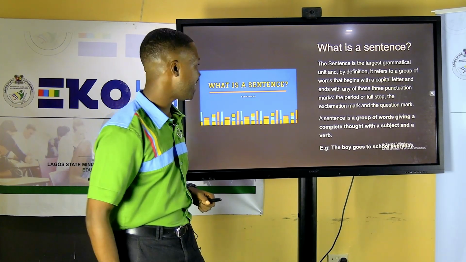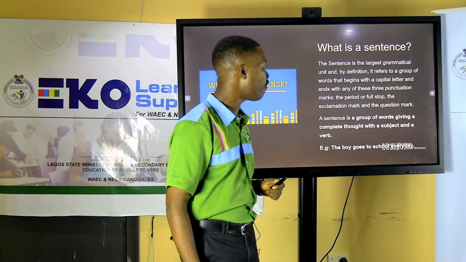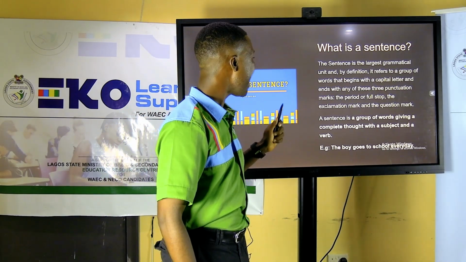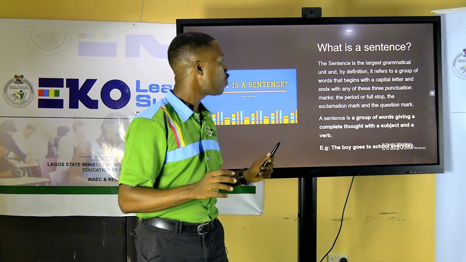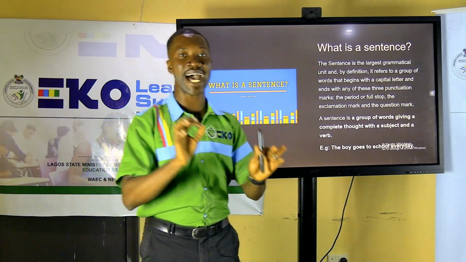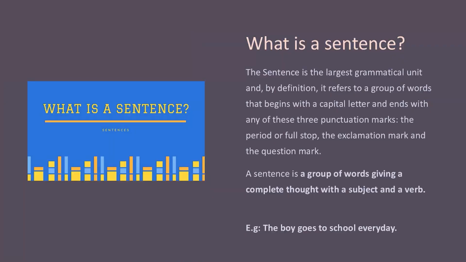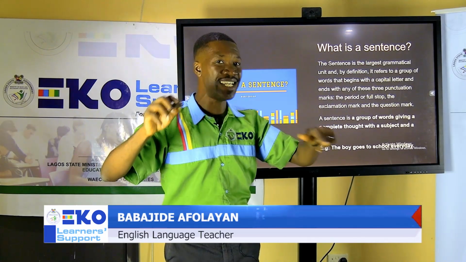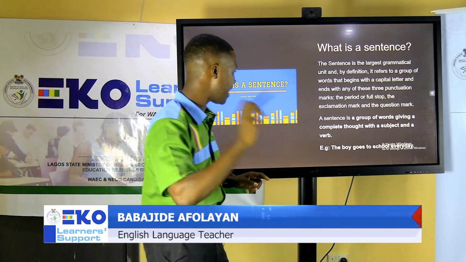We can also say that a sentence is a group of words giving a complete thought with a subject and a verb, meaning that every sentence must have a subject, it must also have a verb, and it must express a complete thought or idea.